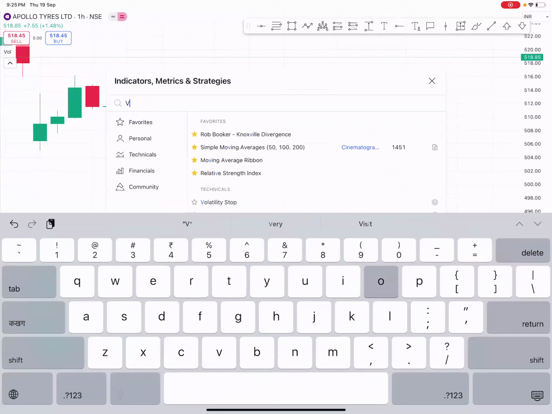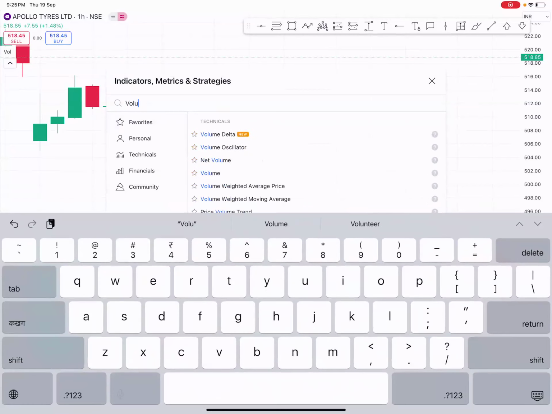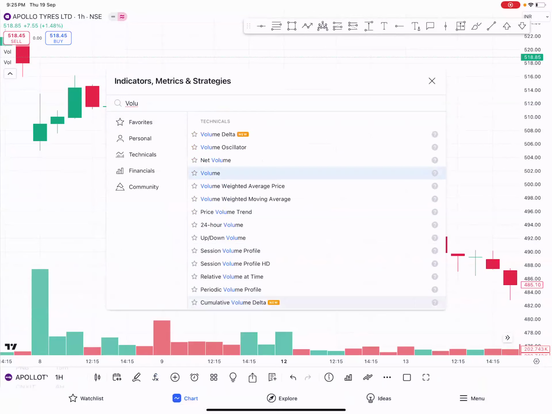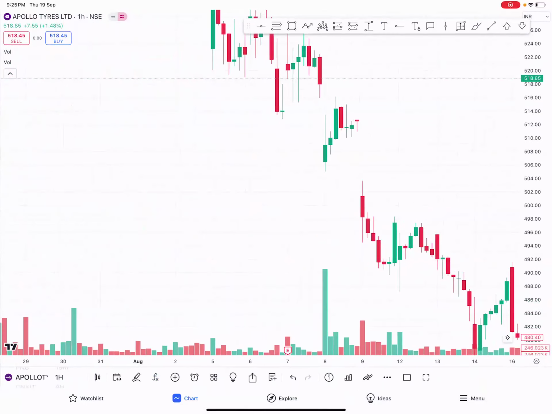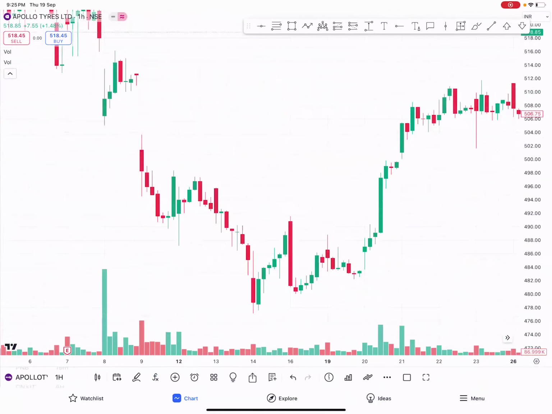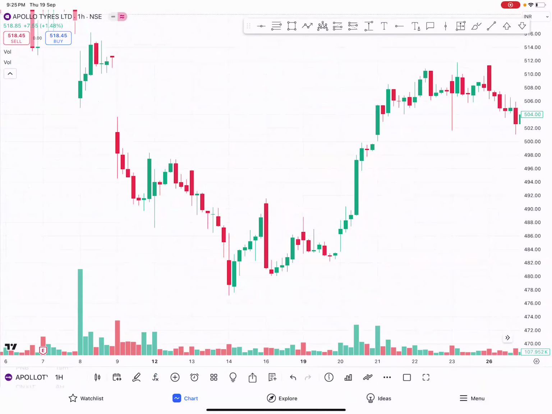In the lower pane you will be able to see that volume is attached. Accordingly, we'll be able to see whether the intensity is big or not. If you look on the x-axis, you will be able to see green and red volume bars there.